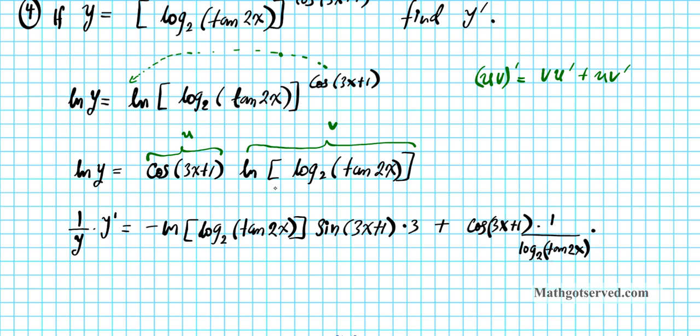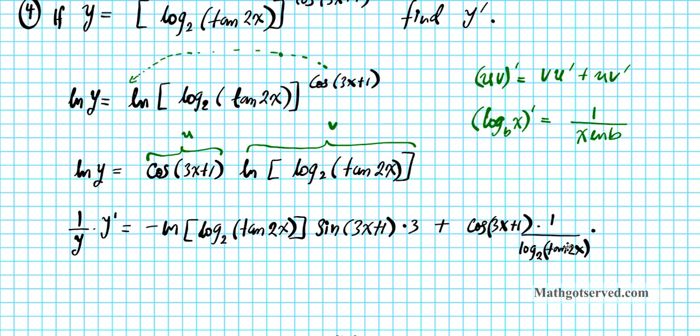Now let's shift our attention to log base 2. Remember what the derivative of log is; let's write it down so we don't forget. It's a weird one to remember. The derivative of log base b of x is 1 over x times the natural logarithm of b.